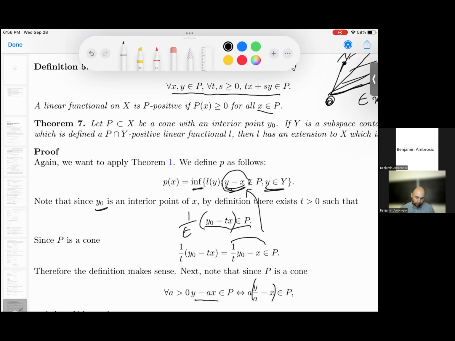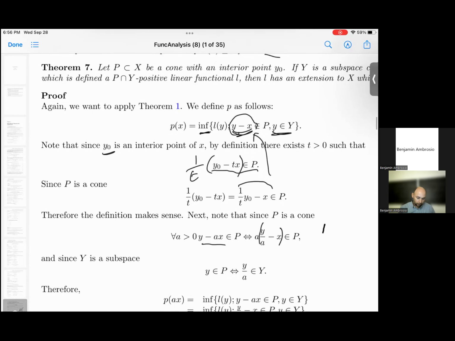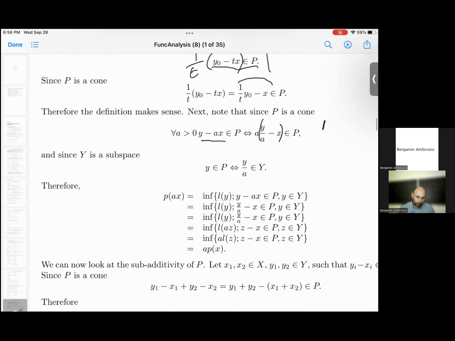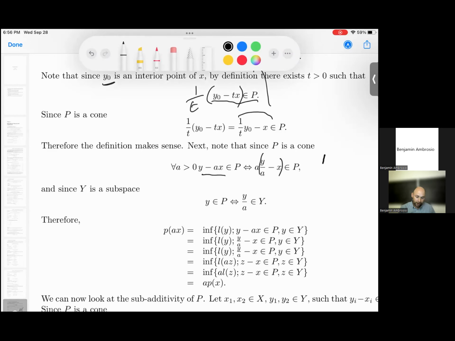Okay, so now I will look at the definition here of p of ax. So p of ax is by definition this thing. And all right, but as I said, if y minus ax belongs to P, I can divide this quantity by a, because this is equivalent.